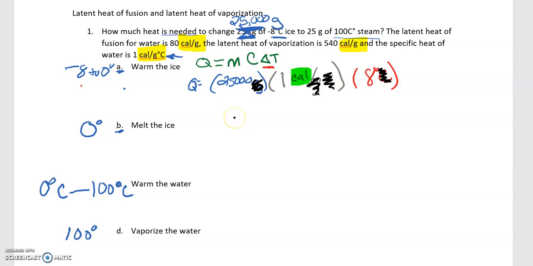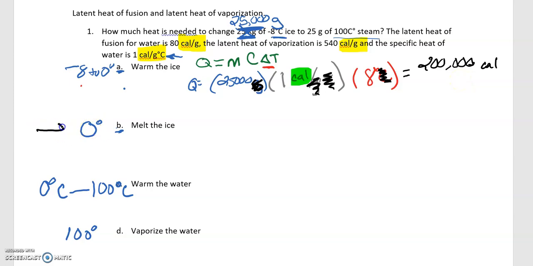Once I make sure that my labels all work out, I go ahead and just multiply that all together, and I got, let's see, 200,000 calories. And that is not to change the ice, excuse me, just to warm up the ice from -8 to 0 degrees Celsius. So that's just one component of our process.